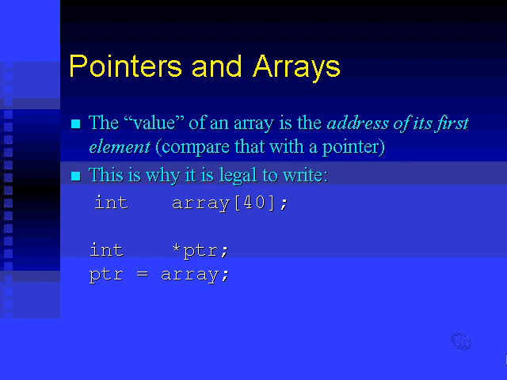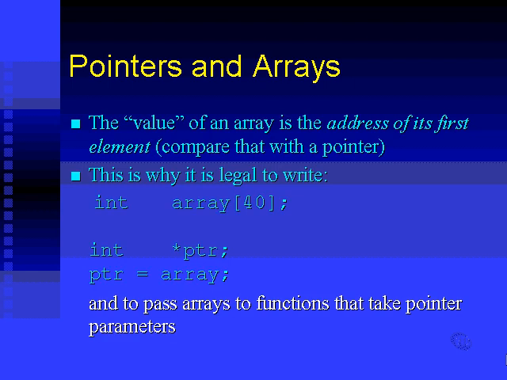So the address of the first element of array is put into pointer. Similarly, you can pass arrays into functions that take pointer parameters, and vice versa. Although you can't really take an array as a parameter, you can only take an array that has no size. Anyway, let's move on. They're very similar.